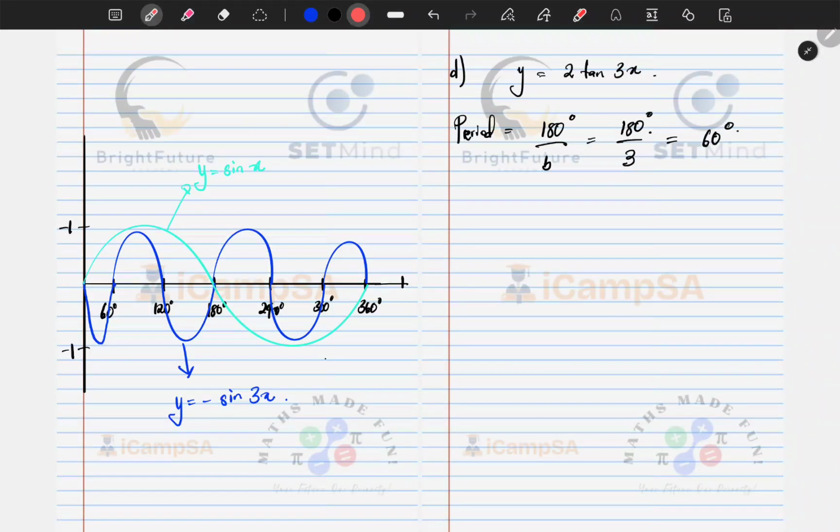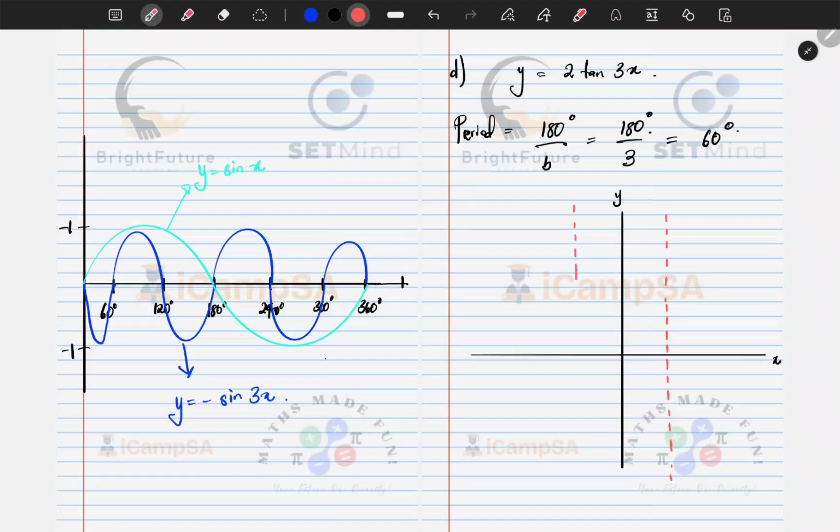So you will have your x, your y, and then your asymptotes at x equals 60 degrees.